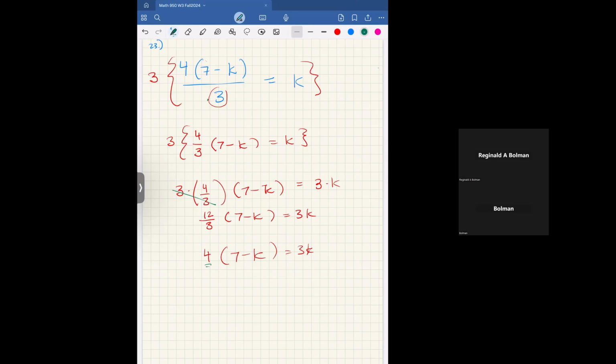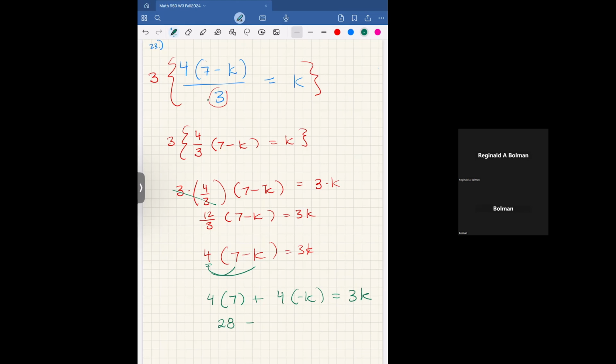Just do things in a way where you're consistent and you're not confusing yourself. If you have to write everything out so that you don't confuse yourself, feel free to do so. At this step, you have a normal distribution style problem. You take your 4, multiply by the 7, and take your 4 and multiply by your negative k. 4 times 7 gives you 28.